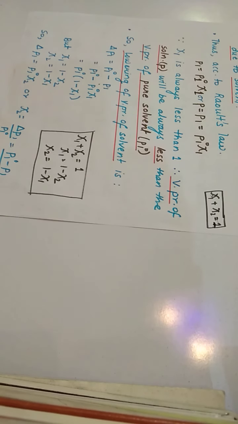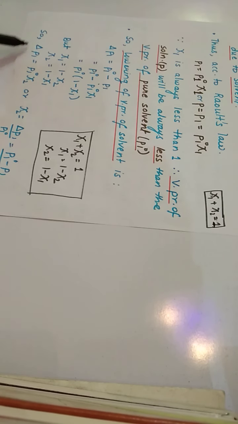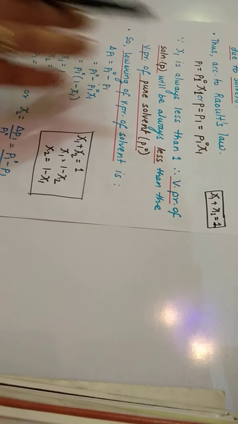So now, on seeing this, you can say that the relative lowering in vapor pressure, which is given by delta P1, of an ideal solution containing a non-volatile solute, the relative lowering in vapor pressure of any solution, will be equal to what? The mole fraction of the solute, because children, 2 is always taken for solute.